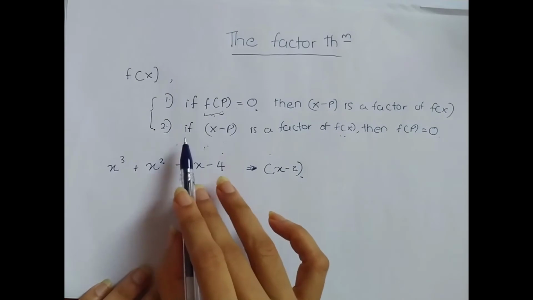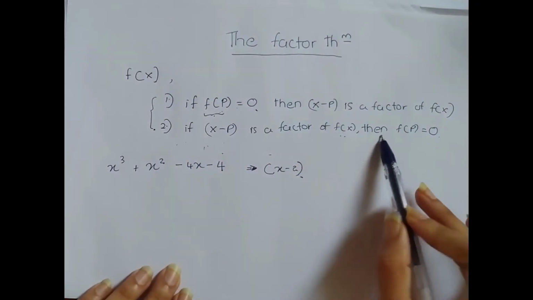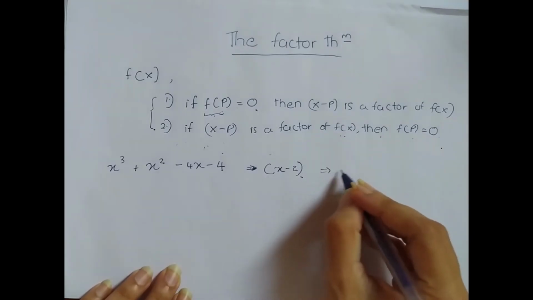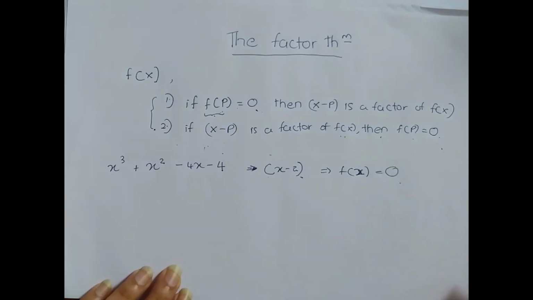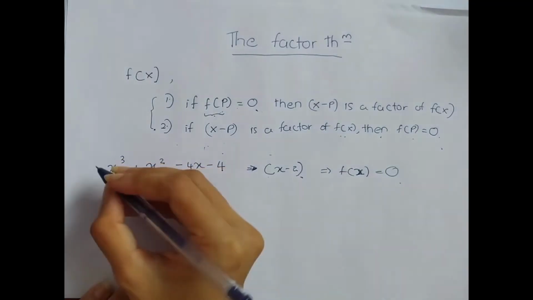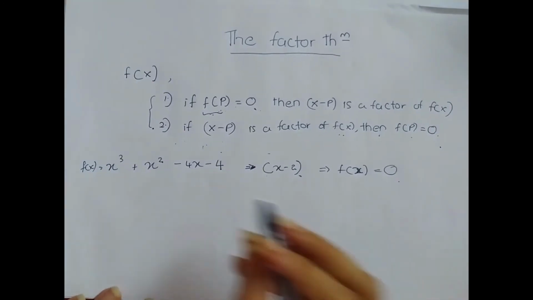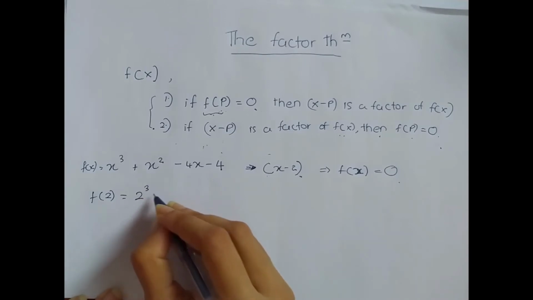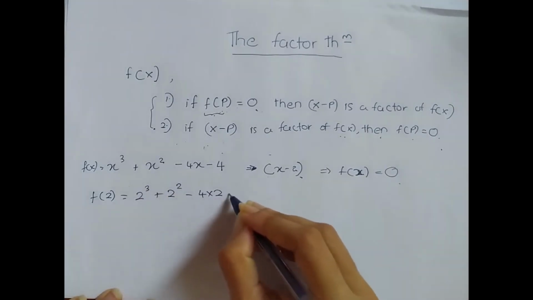So consider this, if x minus p is a factor of f(x), then f(p) is equal to 0. That means here f(2) should equal 0. So this is f(x). Then f(2) will be equal to 2 to the power 3 plus 2 to the power 2 minus 4 into 2 minus 4.